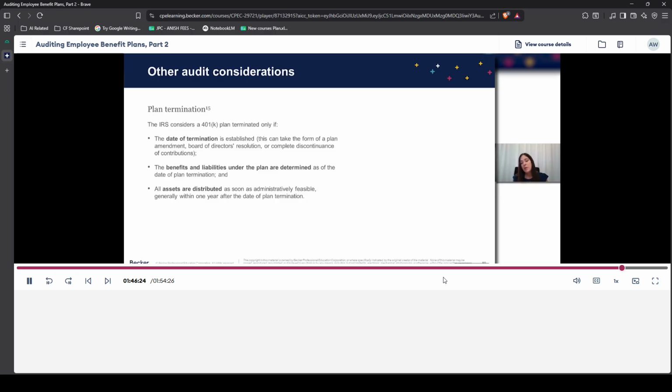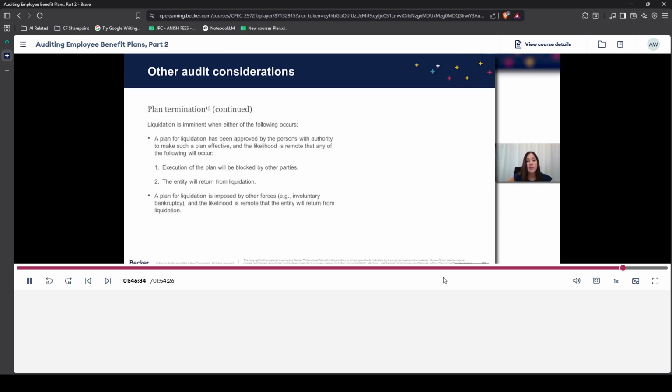That plan remains subject to the audit reporting requirements until all assets of the plan have been completely distributed. And once all the assets have been completely distributed, then the final 5500 is filed. If they make a decision to terminate before the plan's year end, then that's the liquidation basis of accounting, which everything has to be at fair value, which it should be unless they have fully benefit responsive GICs.